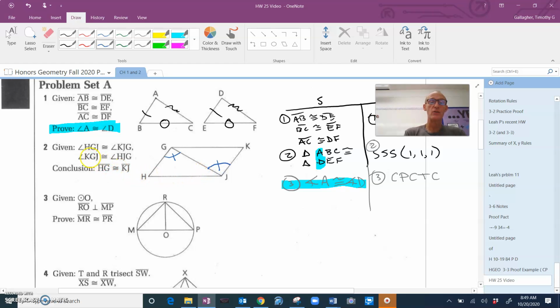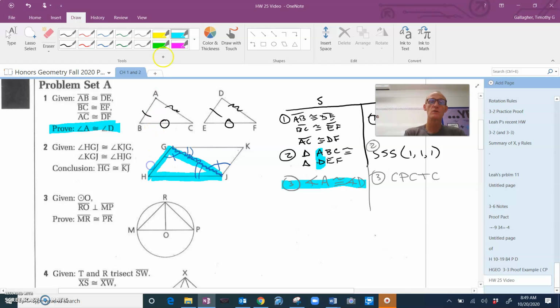And then angle KGJ congruent to angle HJG. And you can see the reflexive side here that is common with the 2 triangles.